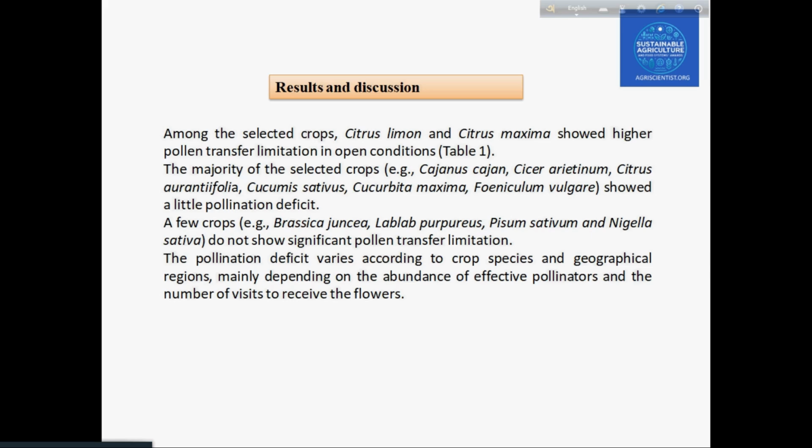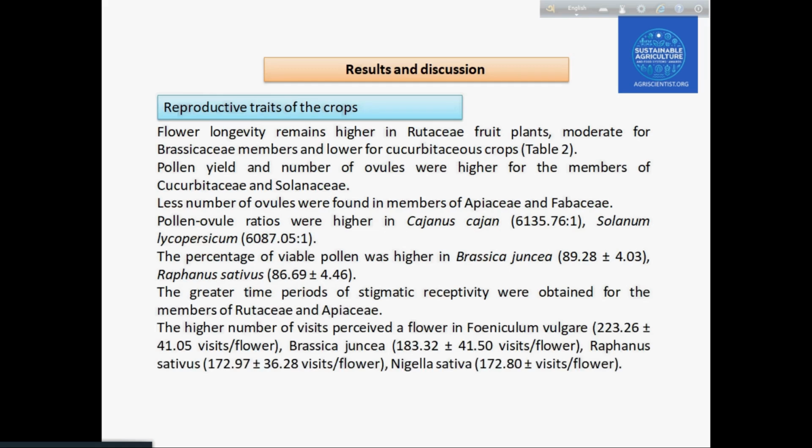Pollination deficit varied according to crop species and geographical region, mainly depending on the abundance of effective pollinators and the number of visits received by the flowers. Reproductive traits of the selected crops also varied. Higher flower longevity was recorded for Rutaceae, Solanaceae. Higher pollen yield was recorded for Cucurbitaceae, Solanaceae.